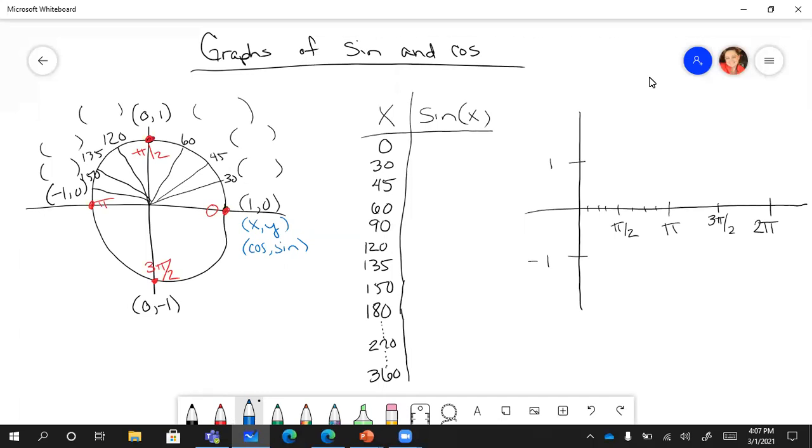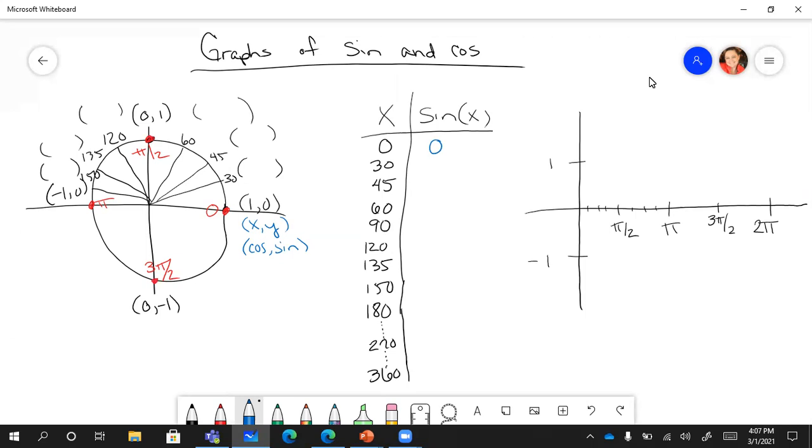And we also know certain values of degrees on this unit circle. So for example, at 0 degrees, 0 pi, cosine of 0 is 1. Sine of 0 is 0. So if I'm making a T-chart where I plug in an X and I use sine as my function to calculate out the quote Y value of an ordered pair, that's what I'd get.